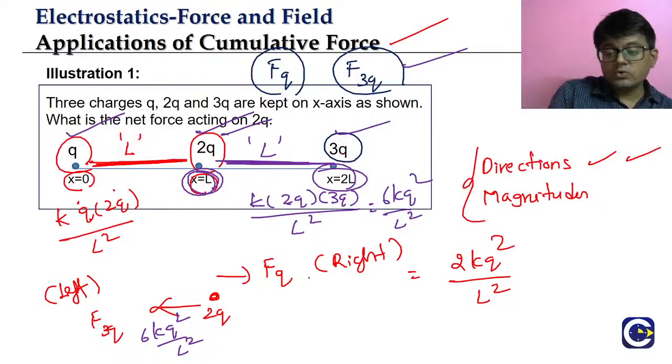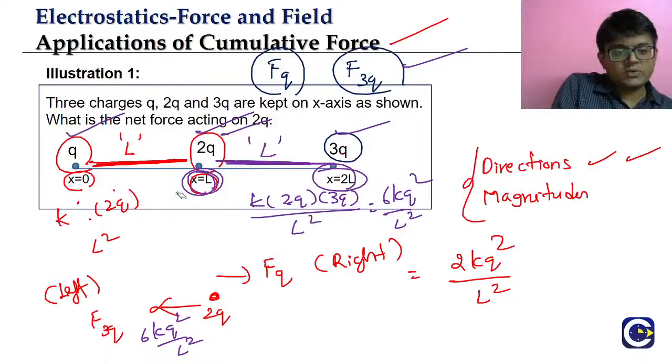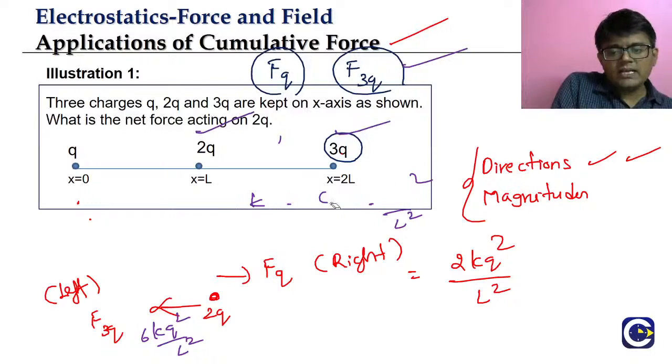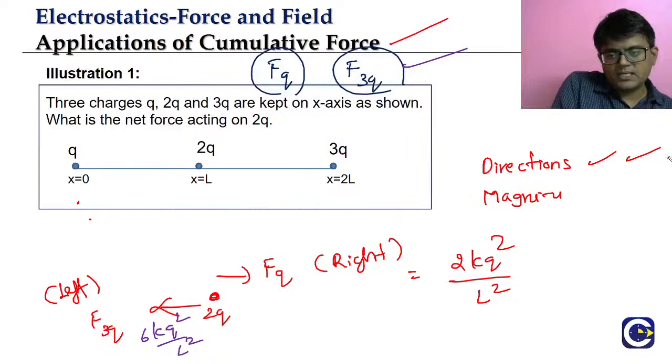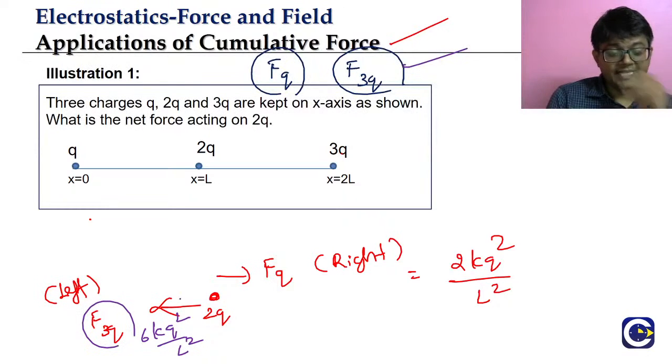The force because of Q is towards the right side, and its value is 2kq square by L square. Then there is a force because of 3q, towards the left side. Its value is 6kq square by L square.